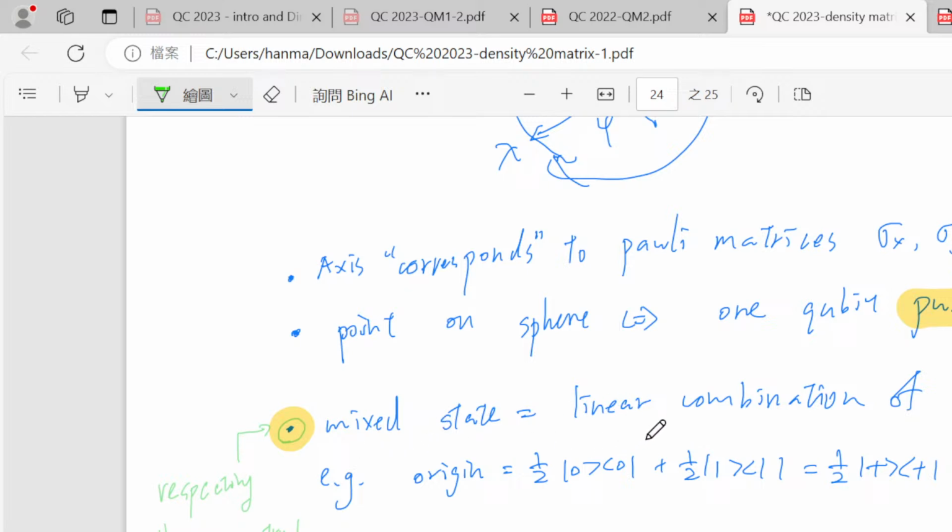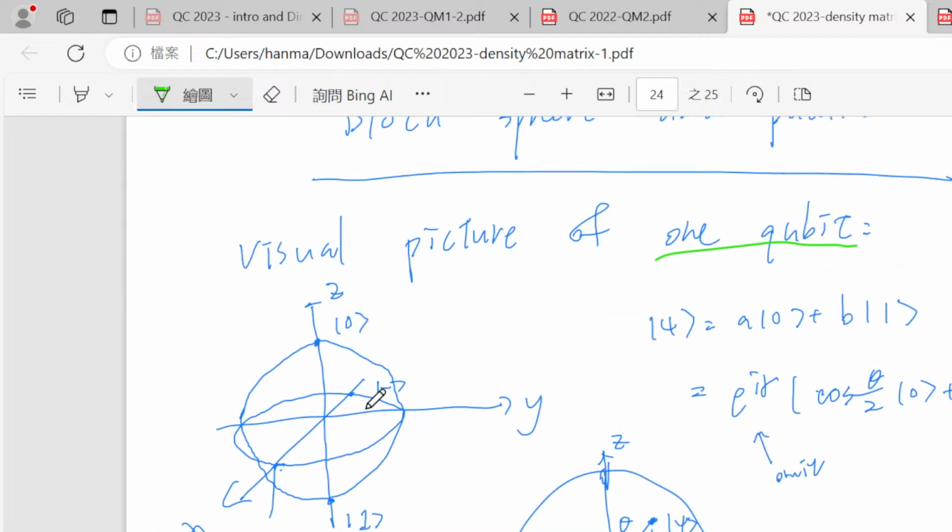So a mixed state can be described as a linear combination of pure states. This is the ensemble interpretation, and actually the ensemble probability will just map to vector addition on this ball.